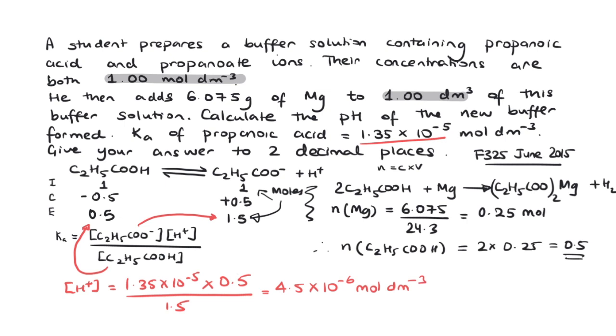So finally now we've got to do our pH, and pH is equal to minus log of the concentration of the hydrogen ions, and that's right here. So I'm just going to do minus log of my answer, and I am going to give it to 2 decimal places. So that is going to give me 5.35 to 2 dp.